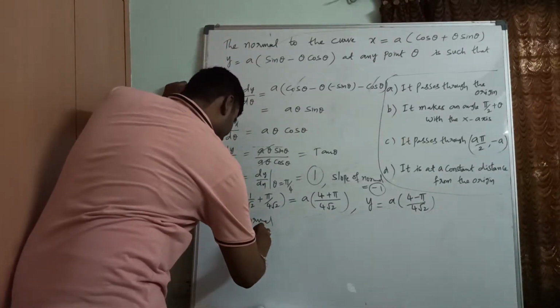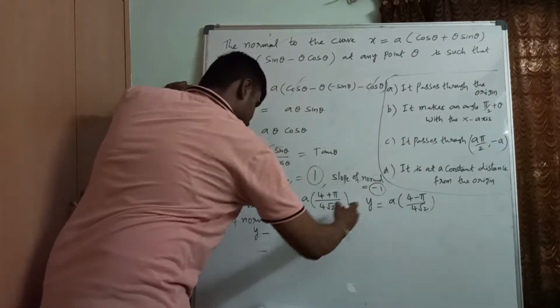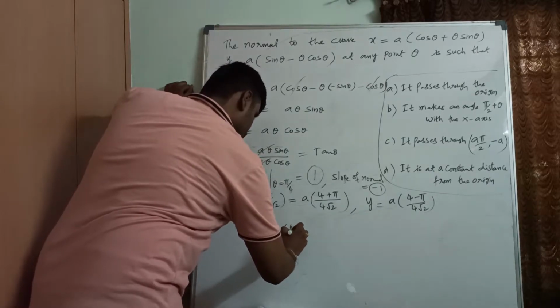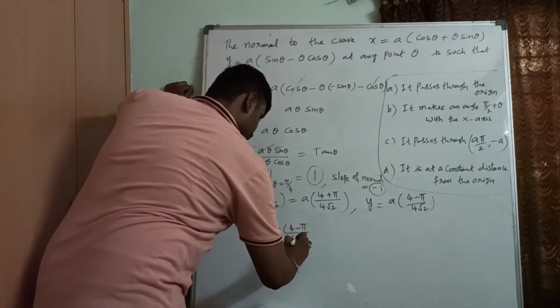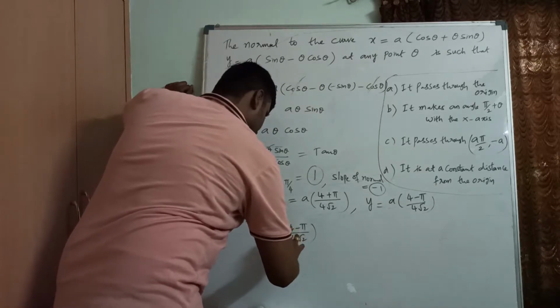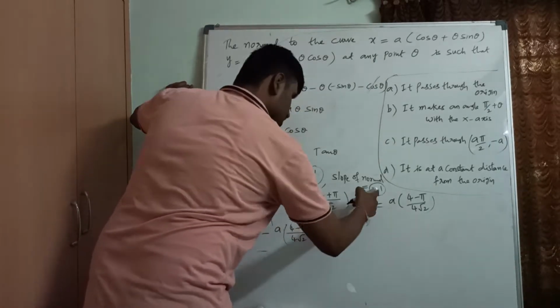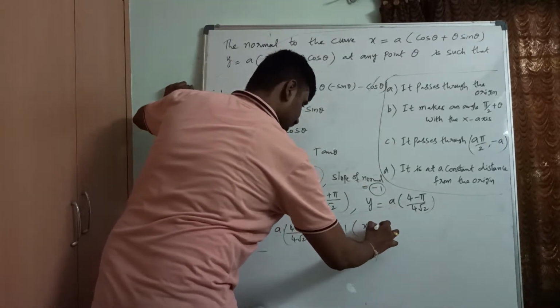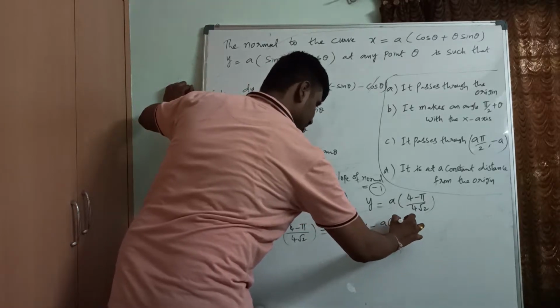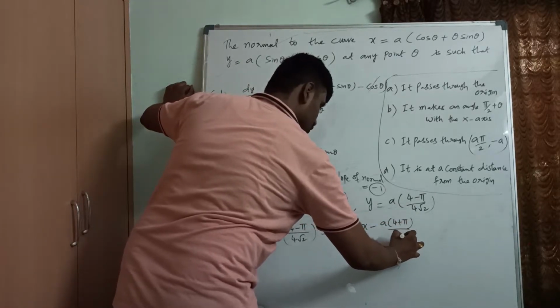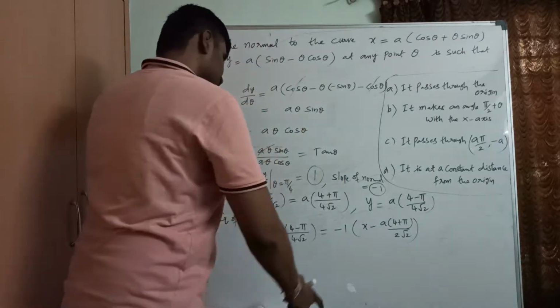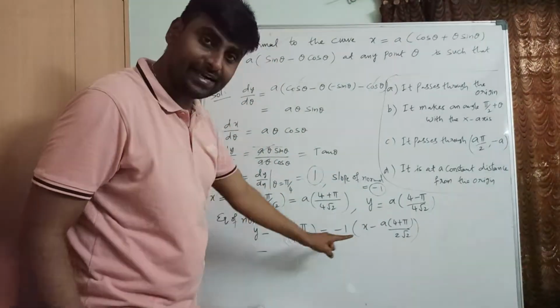See, y minus y1 is this. A into 4 minus pi by 4 root 2. Right? Equals to m, minus 1, slope of normal, into x minus a into 4 plus pi by 4 root 2. Clear? So you can simplify this. Actually we don't need the equation.